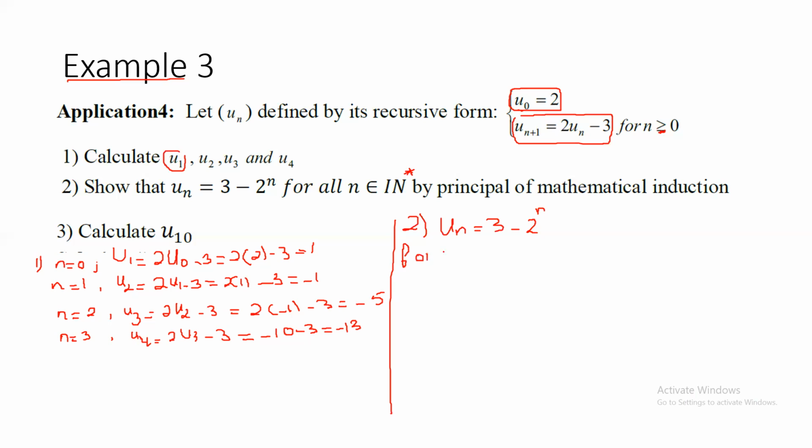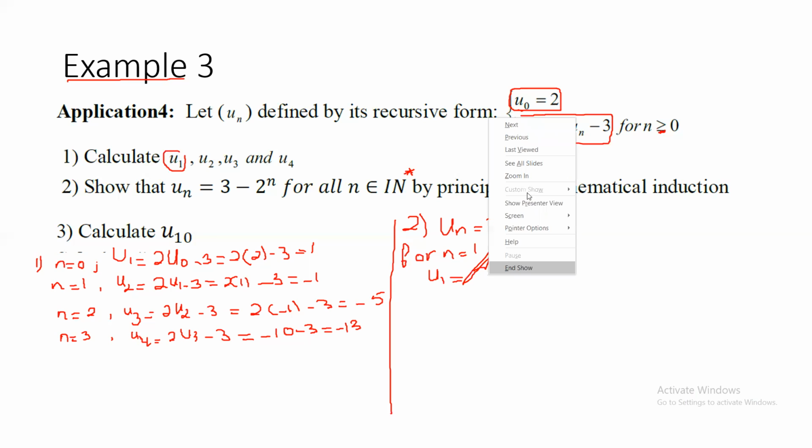The smallest value is not 0 here. Since n belongs to n star, the smallest value is 1.